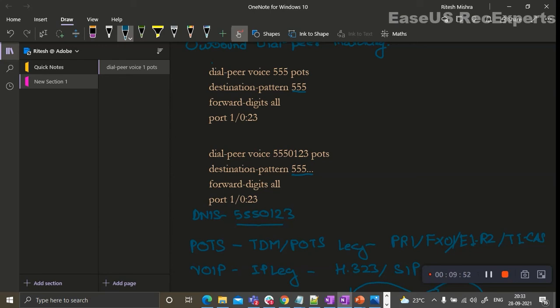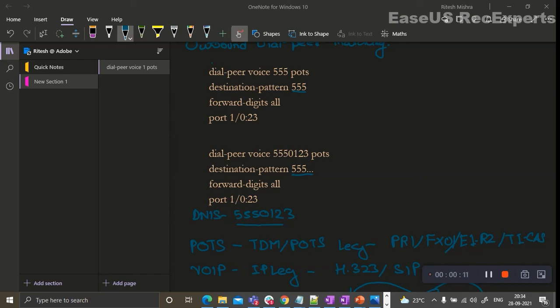Because gateways support variable length dial peers. By default, gateways support variable length matching for outbound dial peers.